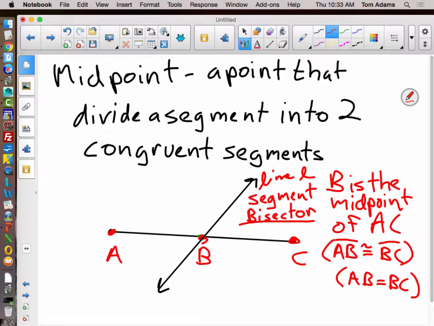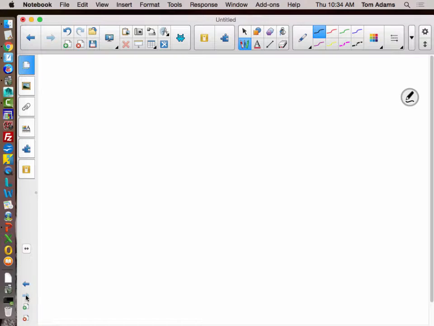Why a segment bisector? Because it's dividing the segment AC into two congruent parts, two congruent smaller segments. Does that make sense? All right, cool. So now watch this. Let's do example number 4, and we will call it a day.